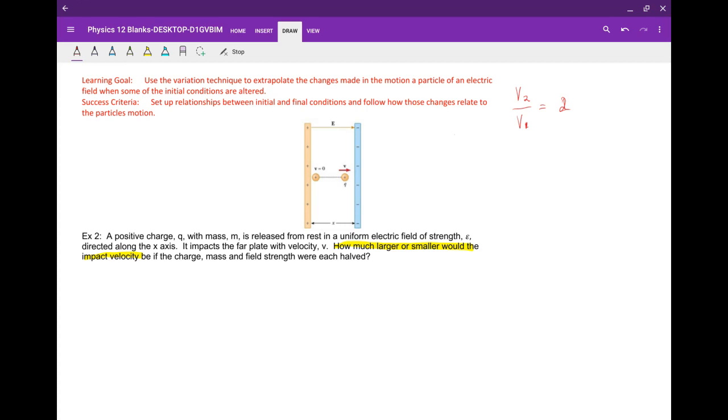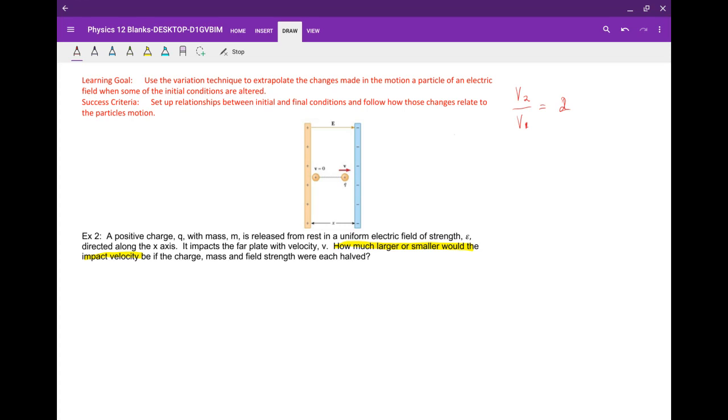The second scenario is where all of those measurements are chopped in half. So the mass is half, the field strength is half, and the charge is half as well.